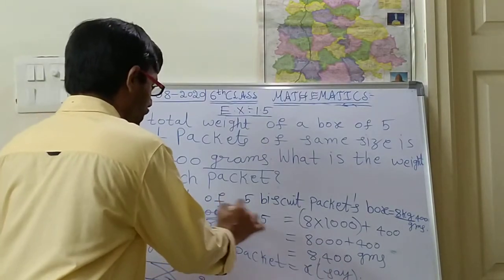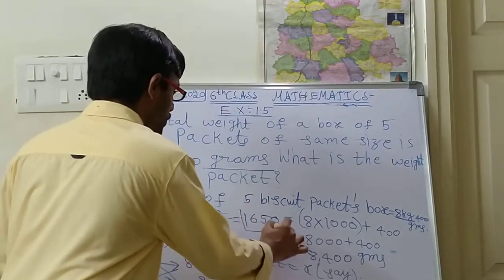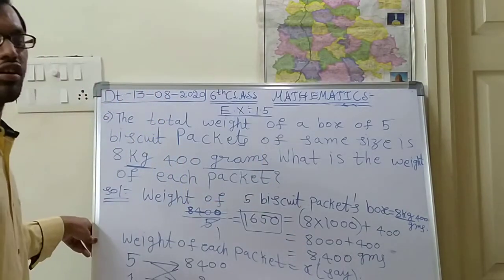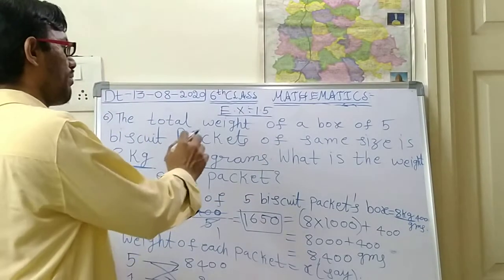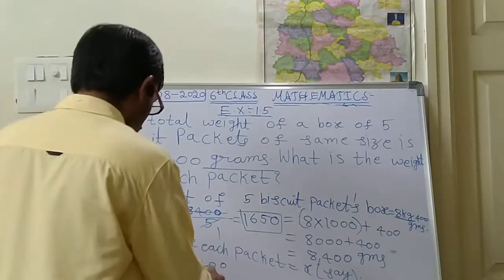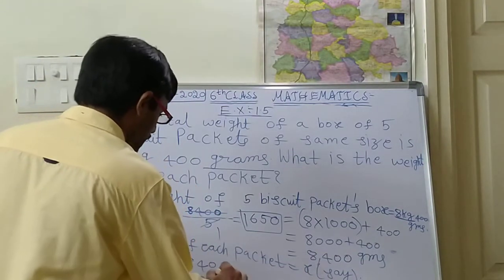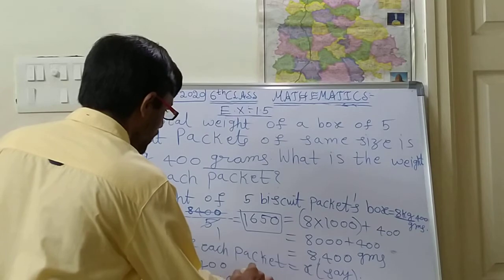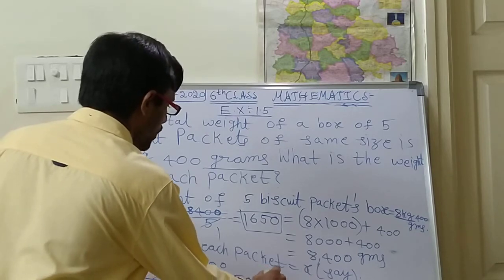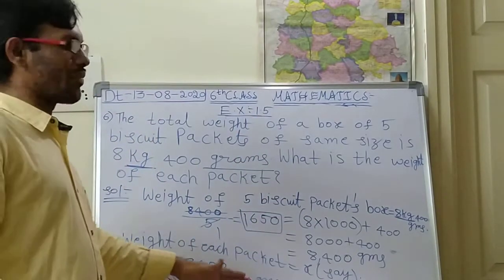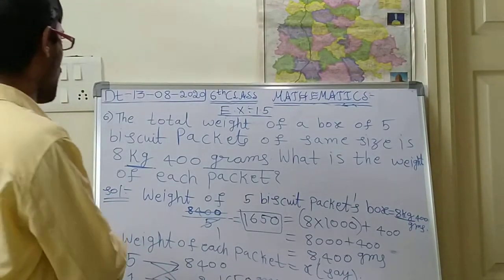Again here 0 is left over. So 1680 grams of weight is there. So the weight of each packet is 1680 grams. After this step, now I am writing here.